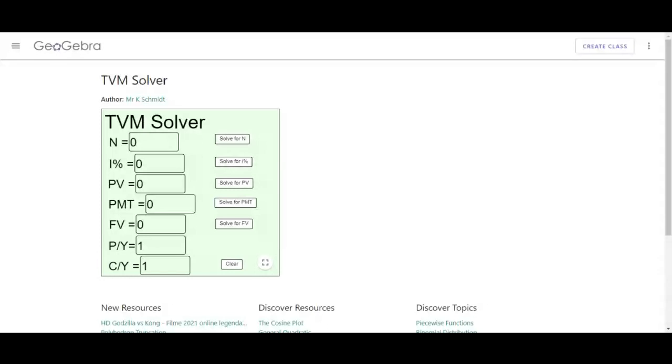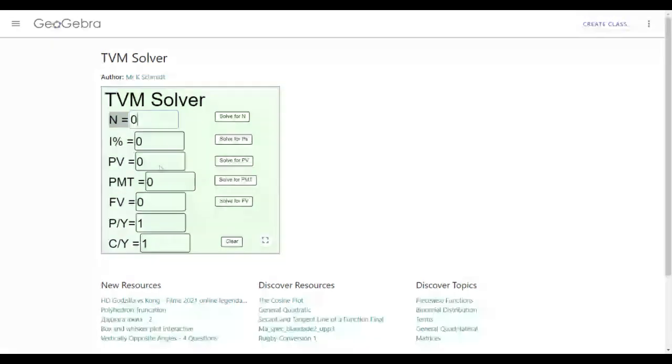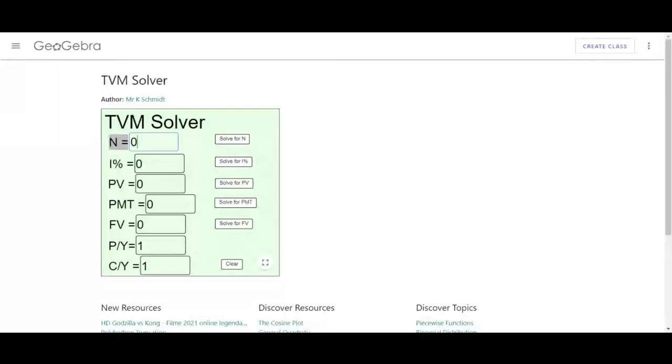So what do we get? Capital N we said was 300, so we have 12 times 25. I we said is 6. Again, you don't have to type the percent sign, you just type the number. PV is what we're looking for.